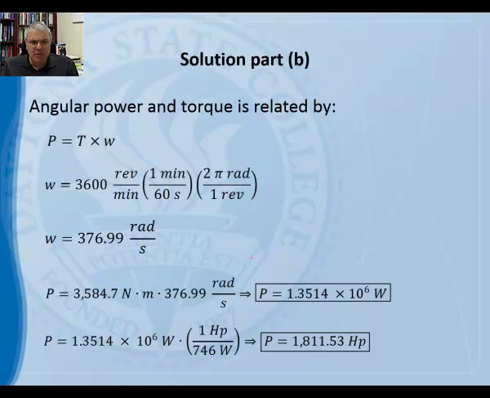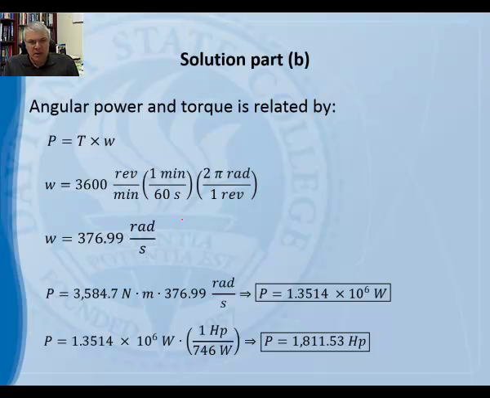For part B, I'm going to introduce another formula for power: torque times the radian per second. That's the W that's given here. That is based on the revolutions per minute for that particular shaft, in this case 3600. We just need to convert that into radian per second.